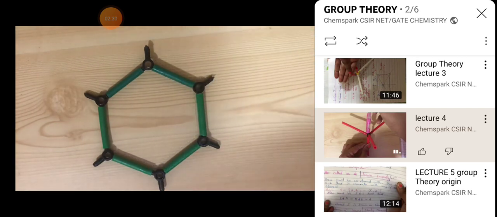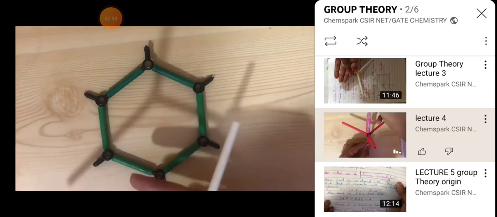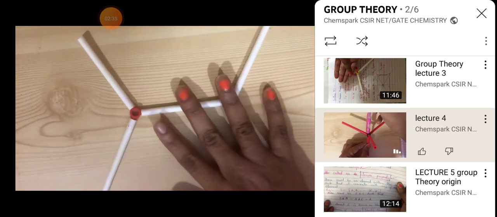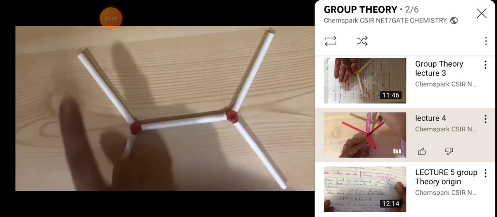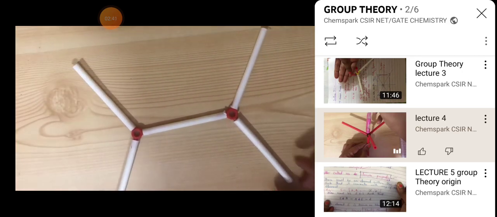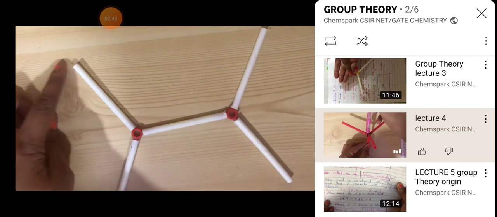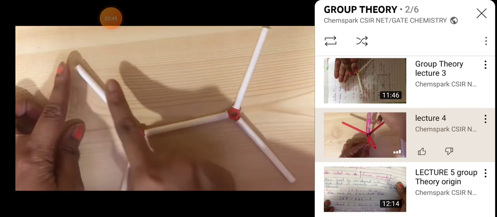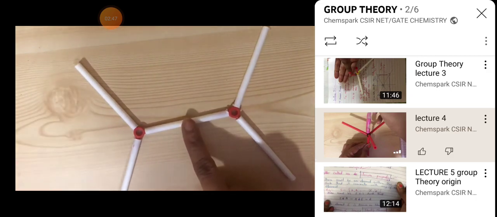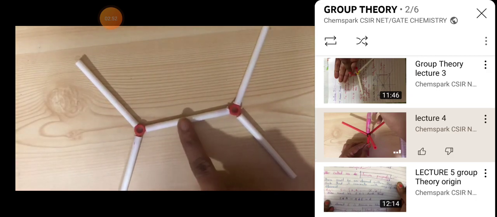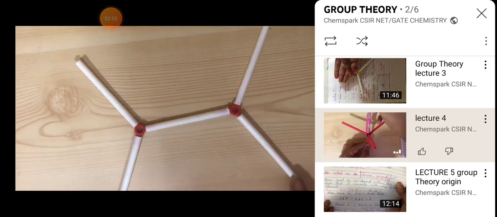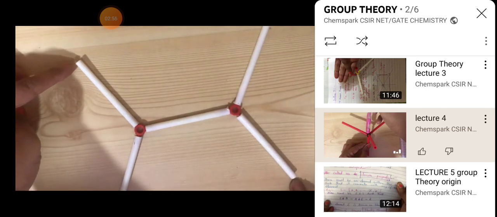Now let me give you one more example, the ethene molecule, where there is a carbon-carbon double bond and there are 4 hydrogen atoms. If I consider this hydrogen, we move it to the center, which comes to the double bond center, and then again you move in the downward direction, you find again a hydrogen atom.